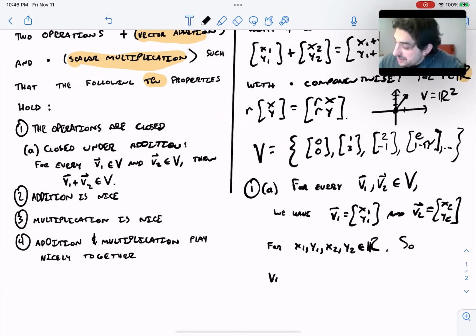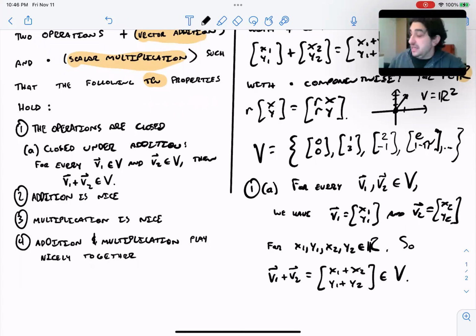Then I can do this component-wise addition, and I get x1 plus x2, y1 plus y2, and that, by definition, is again an element of V, because that's another point in the plane.